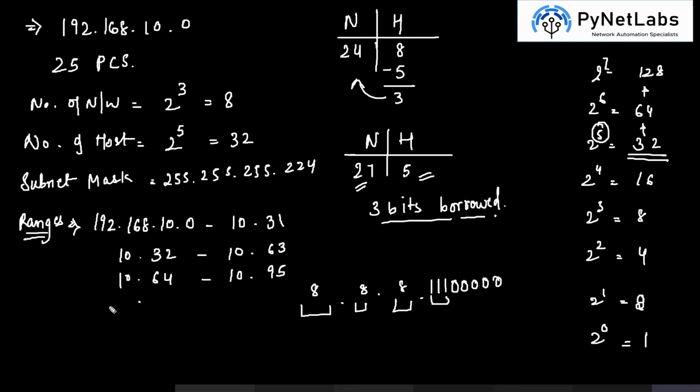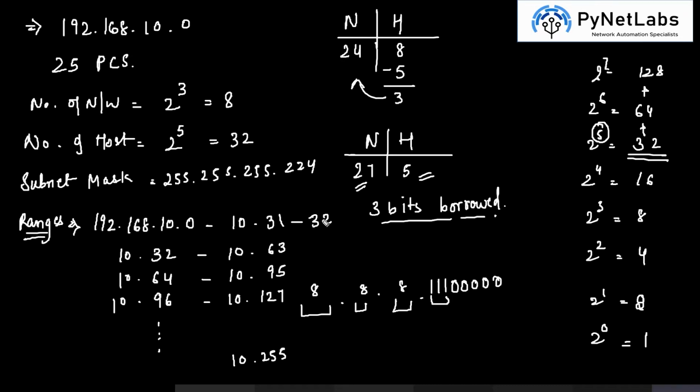Then we have 10.96 to 10.127, and similarly it will go until 10.255. And in each range there will be, I am repeating again, there will be 32 IP addresses.